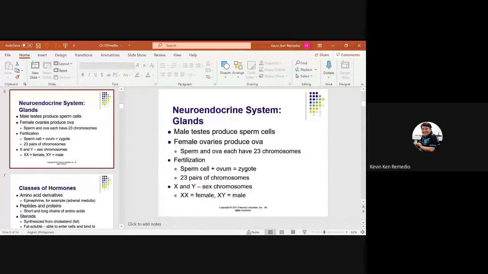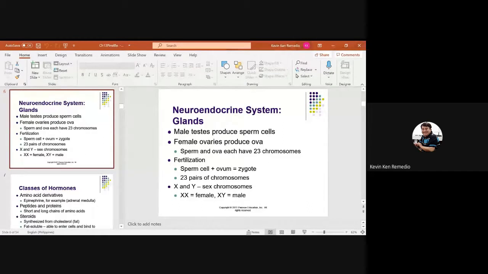All right, now we go to some examples. So for males, the testicles, which is an endocrine gland, produce sperm cells. In terms of hormones, our testes also produce testosterone, which is the main sex hormone for males.